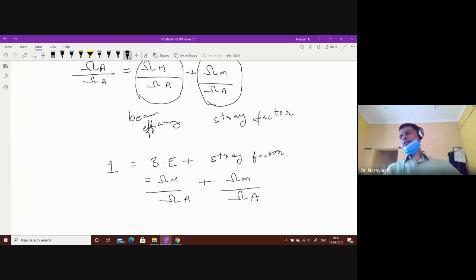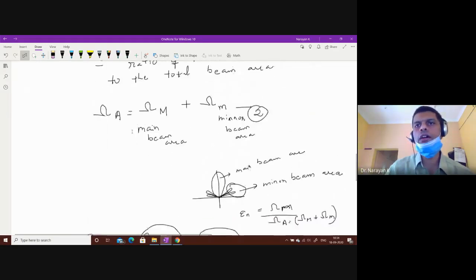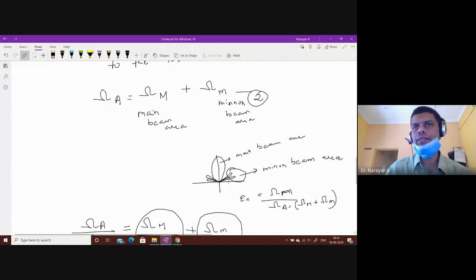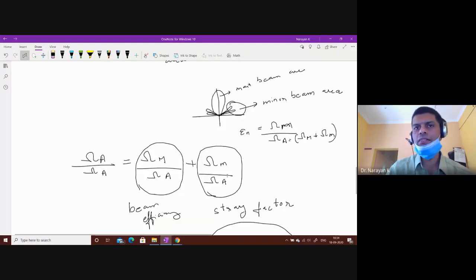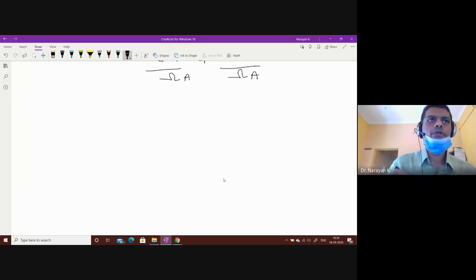So whenever you do the antenna design, make sure your stray factor is reduced as much as possible. This minor beam area, or your side lobe, should be minimized to the maximum extent possible. That is the challenge in your antenna design. Okay. So we'll do one small problem related to this. Then there are a couple of derivations that I have to go through.